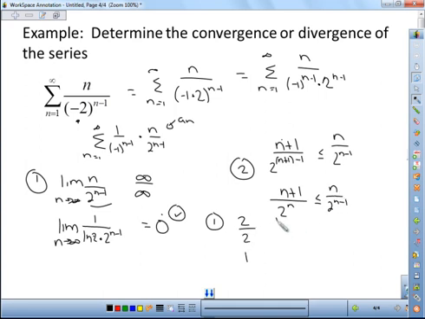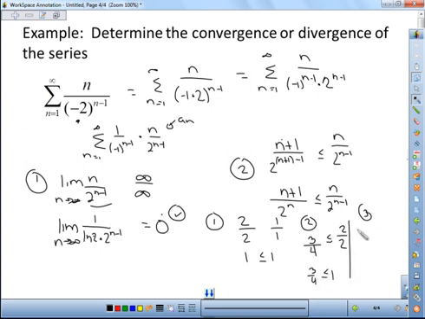And then this side is going to be 1 over 1. So it's less than or equal to 1. My second term is going to be 3 over 4. And on this side, I'm going to have 2 over 2, which is 1. So 3/4 is less than 1.